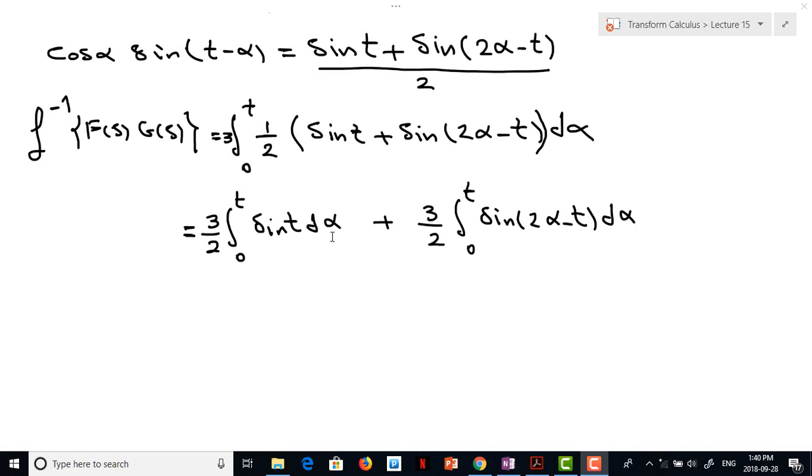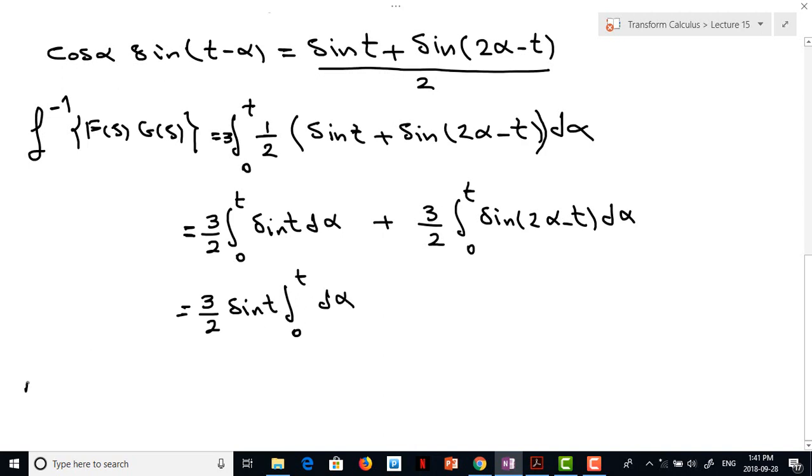In fact, in this integral, the variable of integral is alpha, but in sine t, the variable is t. As a result, we can consider sine t as a constant, and I can bring it out of the integral. So it's 3 over 2 sine t, the integral from 0 to t d alpha.